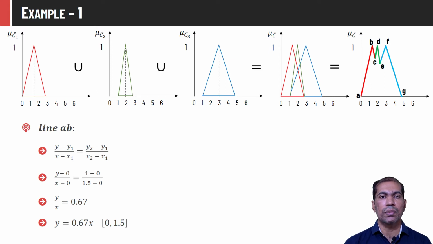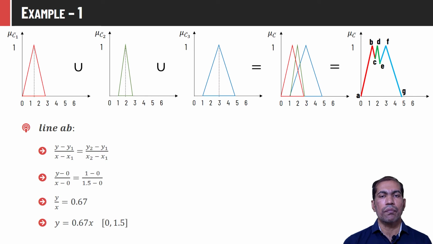As we can see from the diagram, x1, y1 would be 0, 0 and x2, y2 would be 1.5, 1. x, y is any random point on the line. So if we put appropriate values of endpoints and solve the equation, we will get y is equal to 0.67x. And as we can see from this diagram, the line AB grows between x is equal to 0 and x is equal to 1.5.